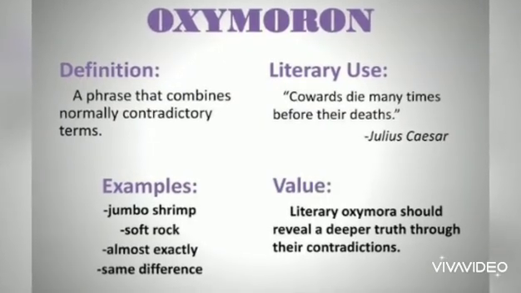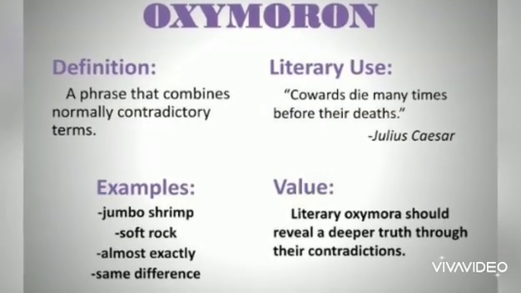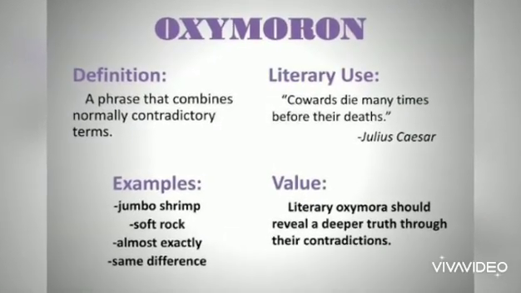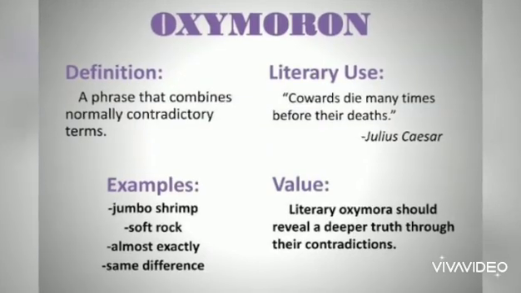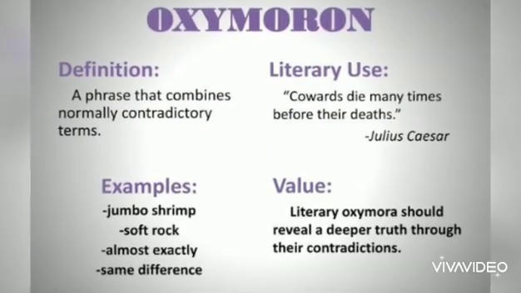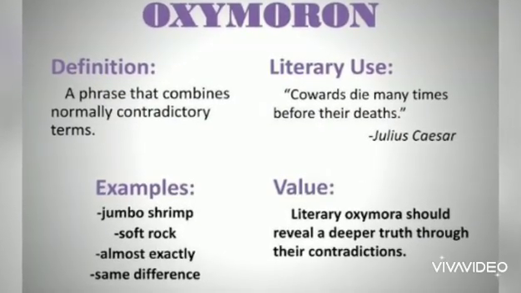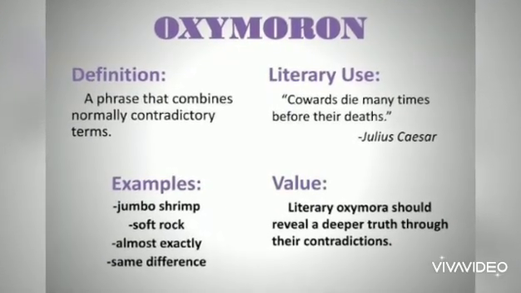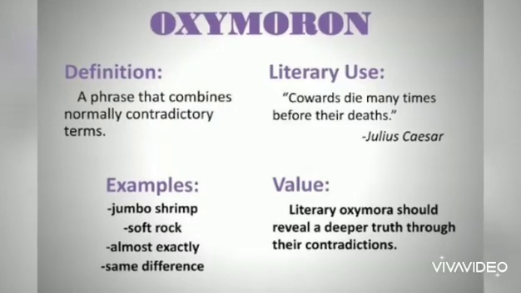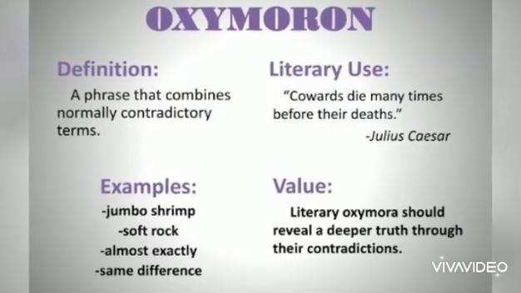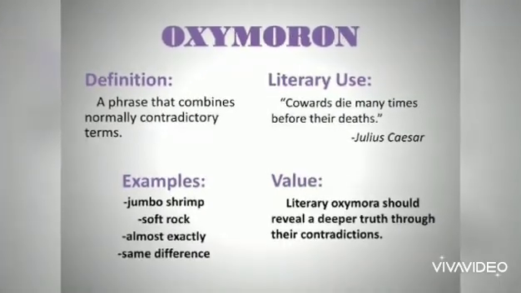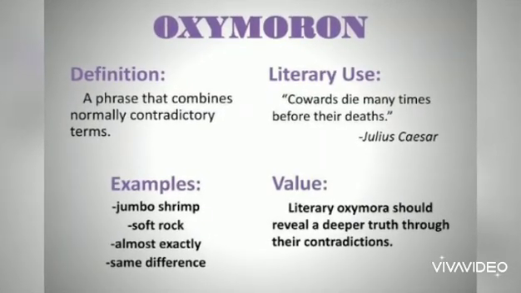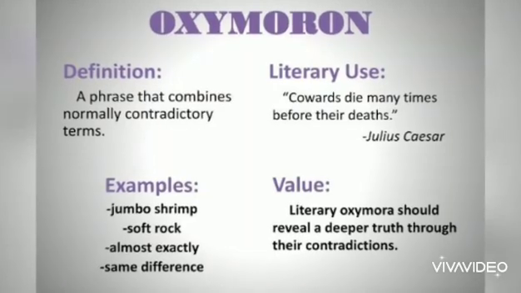Soft can be a quality of the rocks, but here when we use soft rock, we are trying to say that it's a soft rock, but not in a literal meaning. It's a metaphorical meaning. I'm going to give you an example. When he has a girlfriend, he behaves like a soft rock.